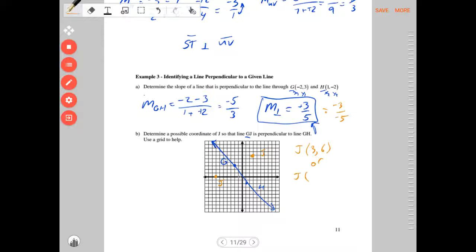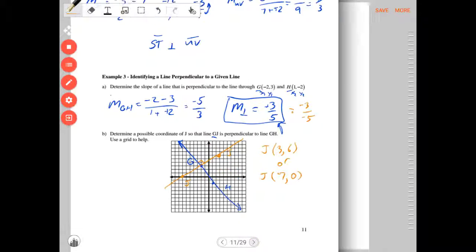So that's the point negative 1, 2, 3, 4, 5, 6, 7, so (-7, 0). Those are 2 possibilities for the point J. And if we draw those, oh, look, that looks like it could be 90 degrees. Awesome.